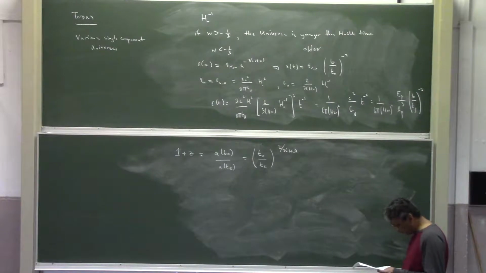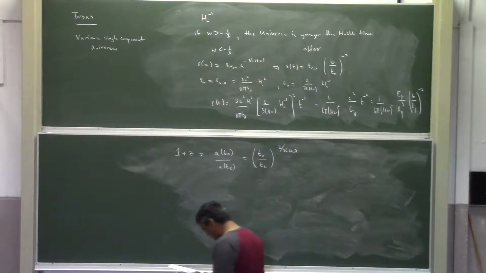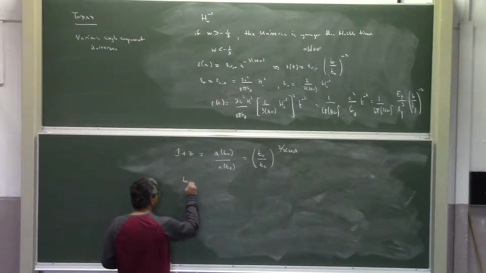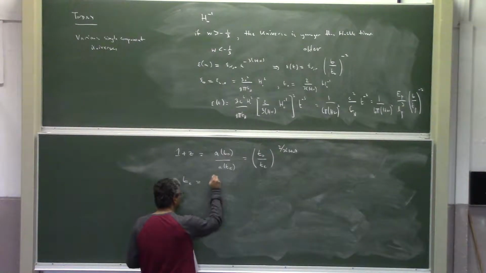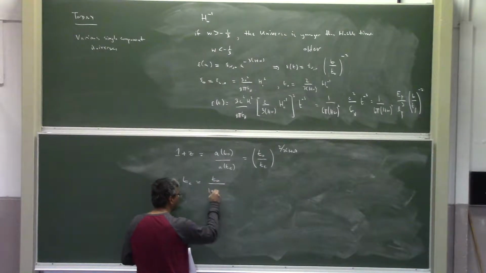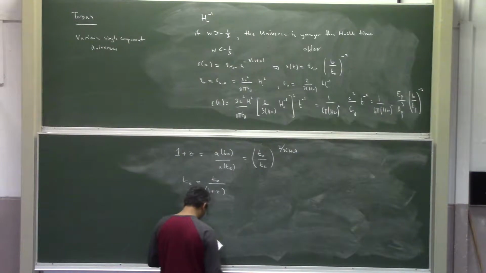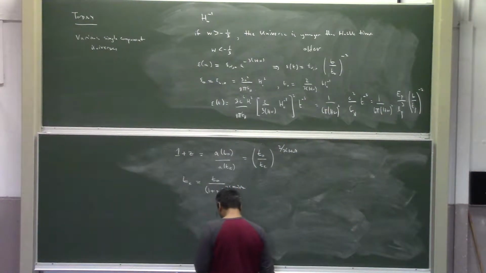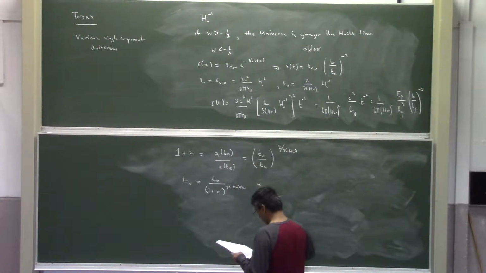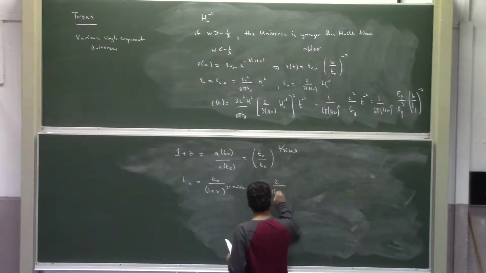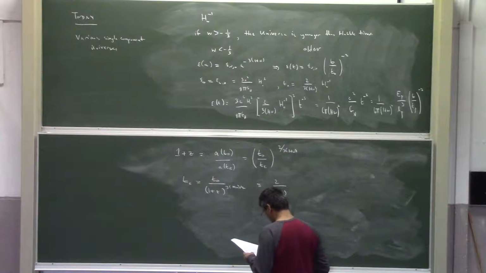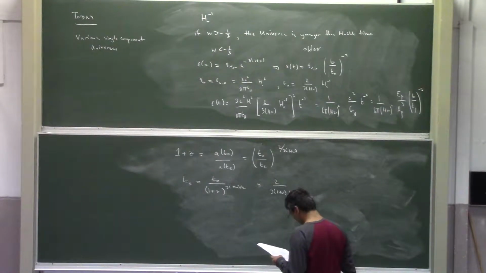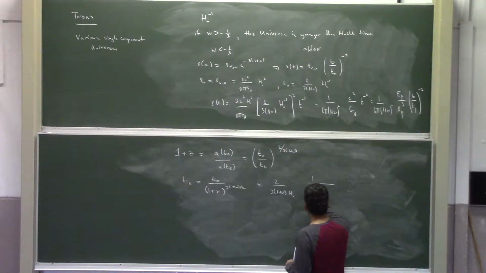So we can solve for te. When we do that, we find te is t0 over (1+z)^(3(1+w)/2), which is 2/(3(1+w)) H0 inverse times 1/(1+z)^(3(1+w)/2).